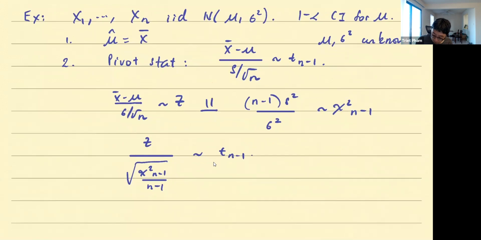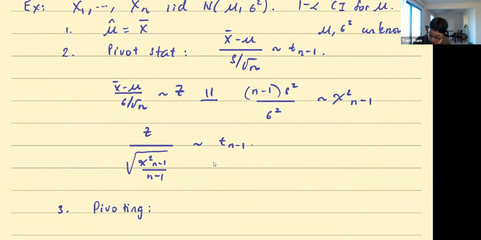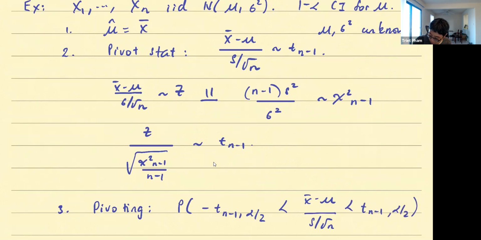But after we obtain the pivot stat, the act of pivoting, or constructing the confidence interval, is pretty straightforward, where we just write down, for example, minus T n-1 alpha over 2 less than the pivot less than T n-1 alpha over 2 is 1 minus alpha.